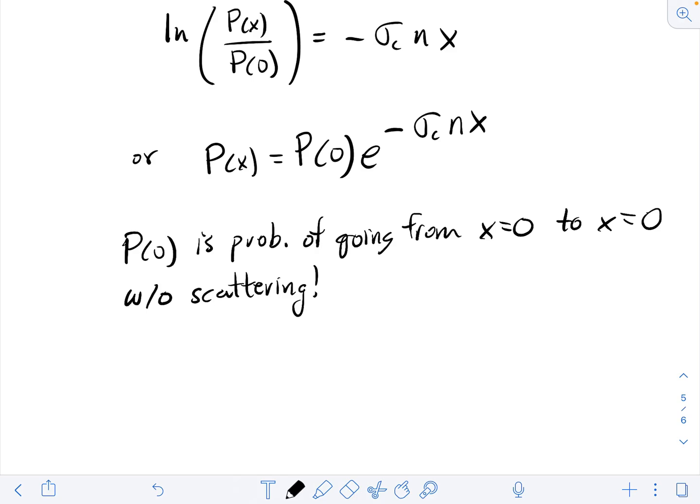But of course, if I'm already at x equals 0, then I don't have to move anywhere to get to x equals 0, and so there's no chance that I'm going to scatter, and so that means the probability that I get to my starting point without scattering must be 1.